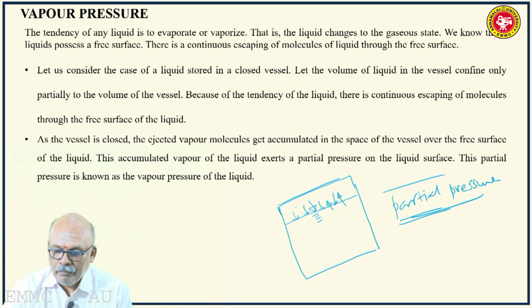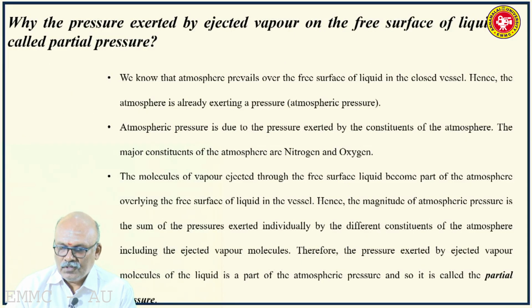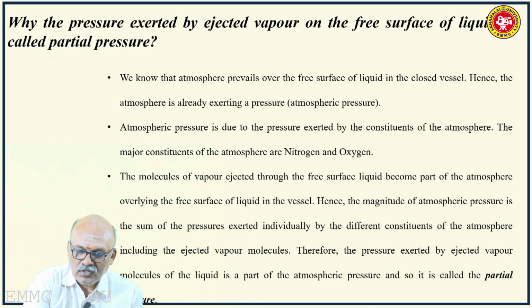Because this vapor cannot escape, it has to occupy only this region. As there is a continuous escaping of molecules, the vapor molecules will increase with time, and this will exert a pressure on the free surface, and the pressure exerted by such vapor on the free surface of liquid is called a partial pressure. So, why is it called a partial pressure?